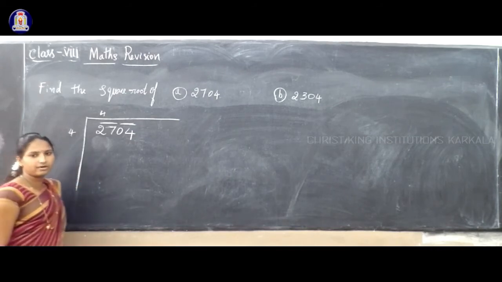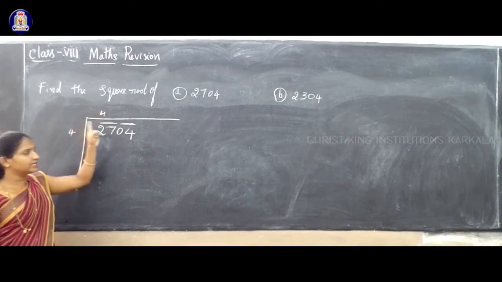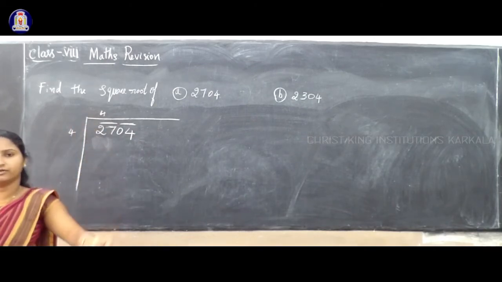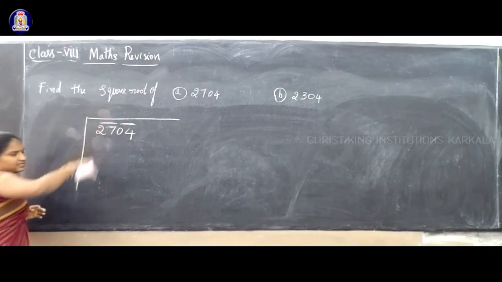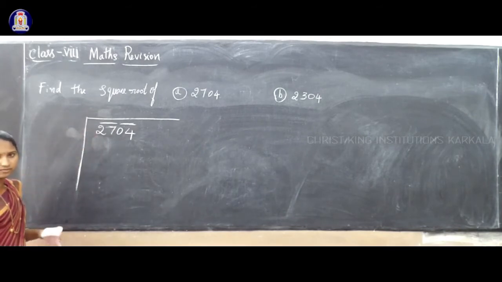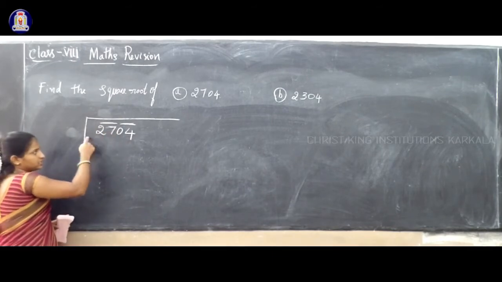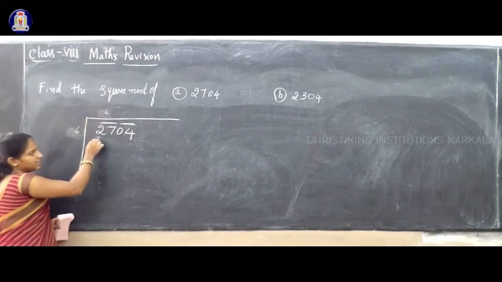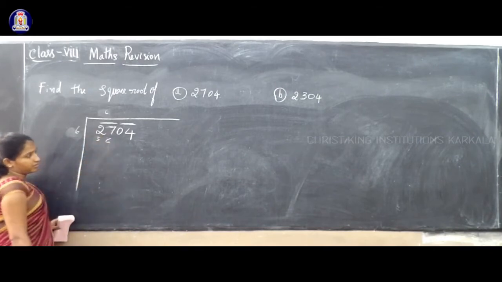So the next number you can choose is 5 5s. 5 into 5 is 25. 25 is a perfect square. Next number you can try is 6 6s. 6 6s are 36, but we cannot write 36 here because 36 is greater than 27. So understood now? We cannot write 6 6s are 36. So we cannot subtract 36 from 27.